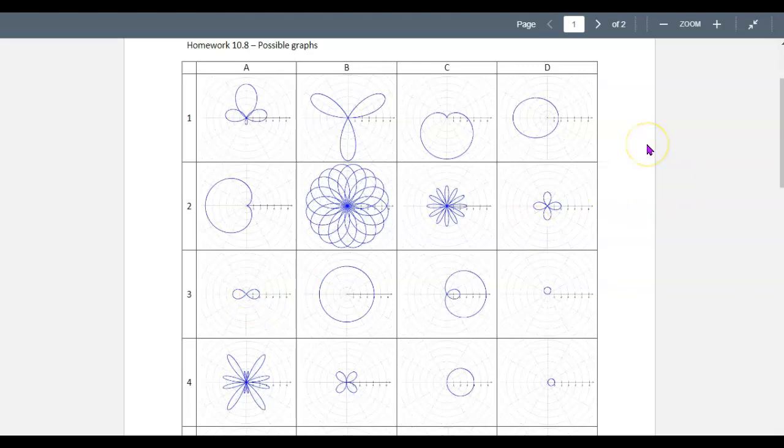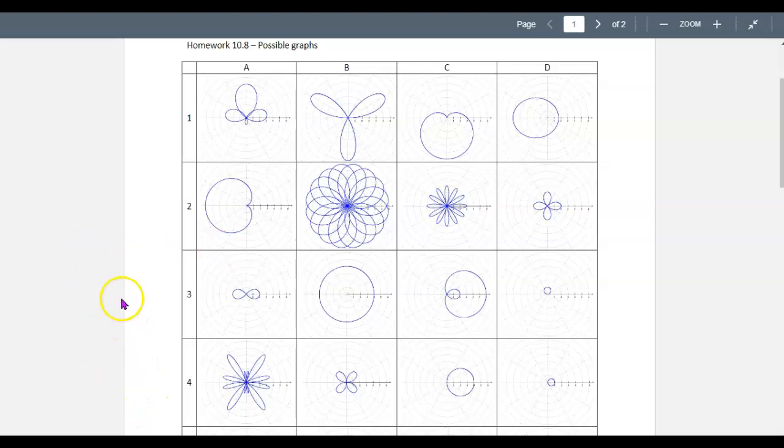And then as an extra credit assignment, this is not on the assignment list, but I'm adding it as an extra credit part to the homework assignment. Play around with graphing some polar equations and see if you can come up with some interesting looking graphs.